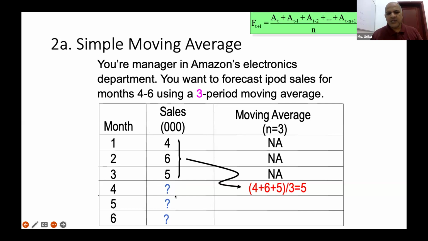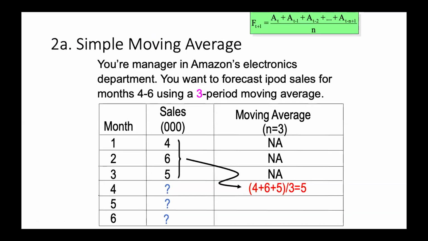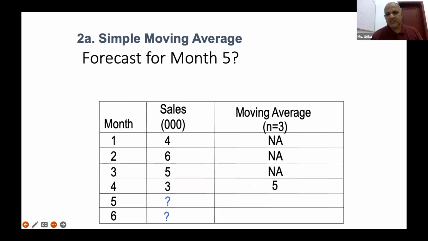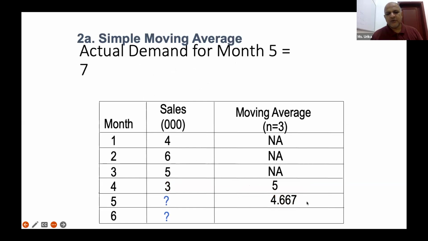Now, if you go for the 5th month, you again take the next 3 months: 6, 5, 5. Then you divide by 3. And again, you move on, taking the last 3.